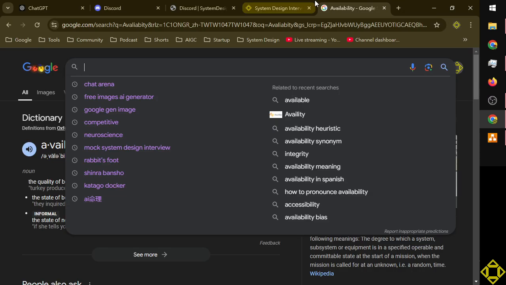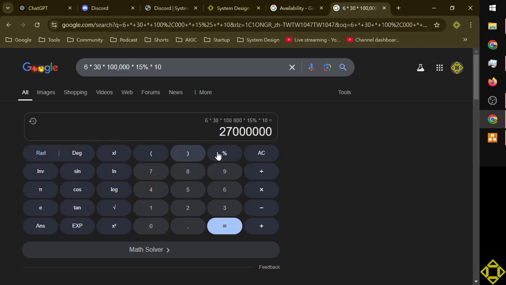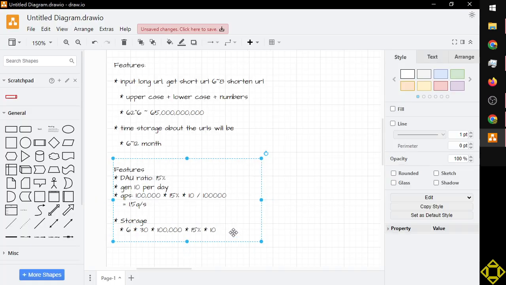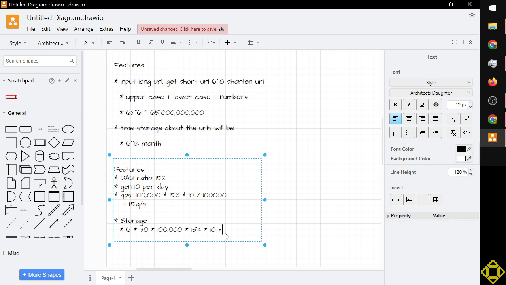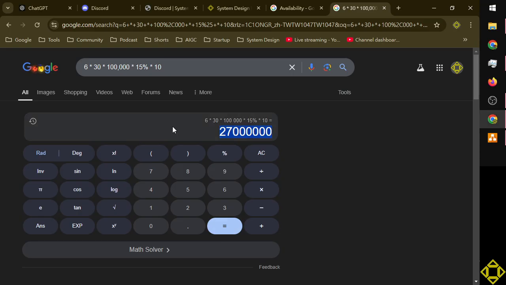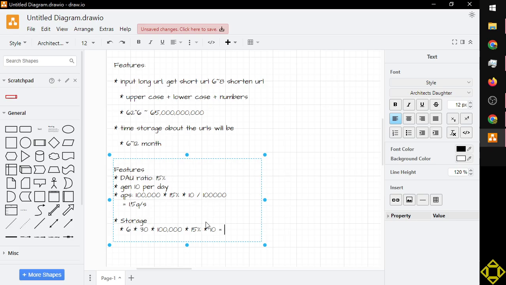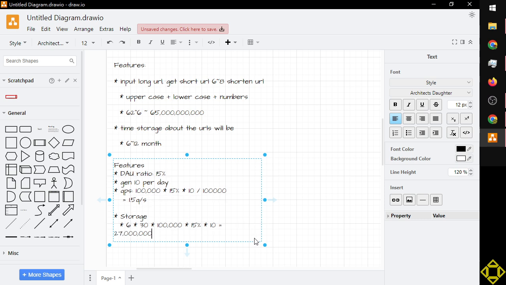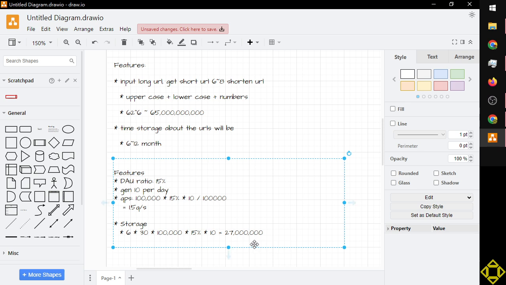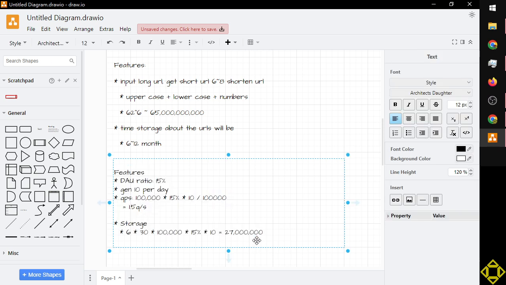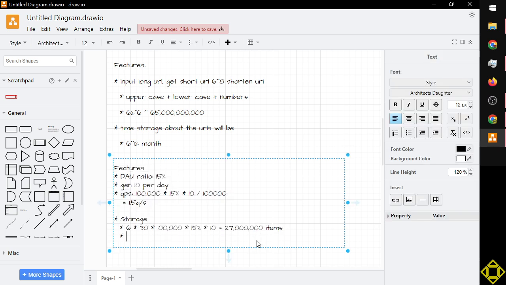So because of our calculation, this will be 227 total items, and for each item we maybe need to assign some length.